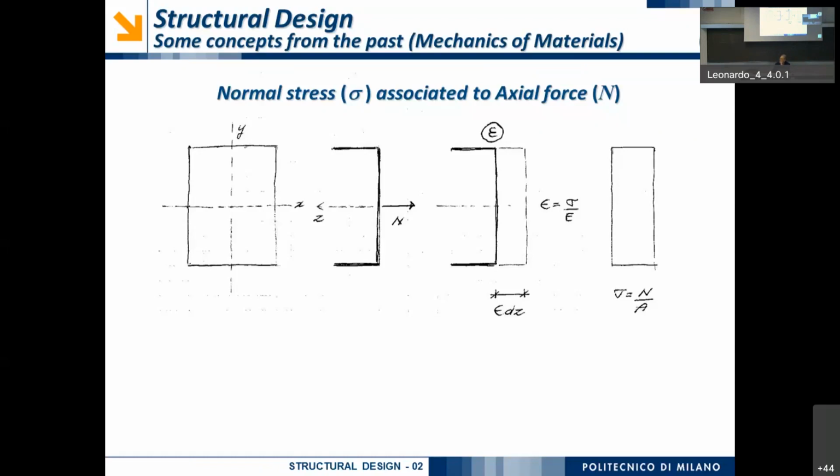Please take care also of the physical dimensions, because the axial force generally is a force, so it's measured in kilonewton, for example.